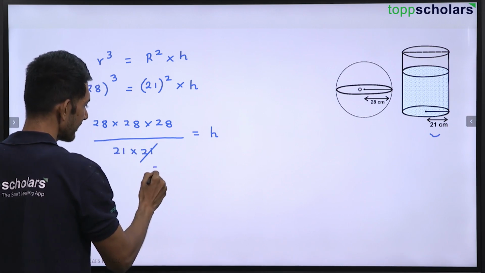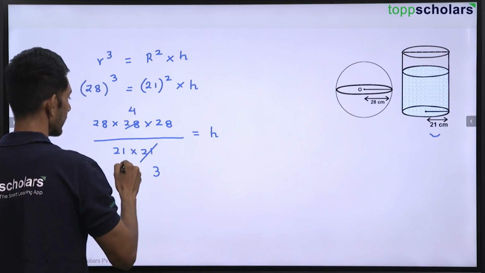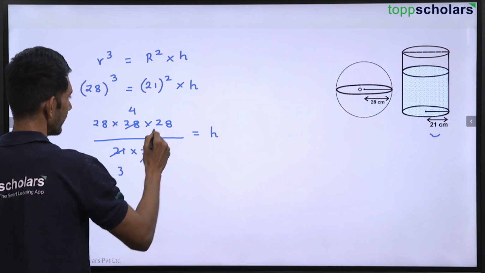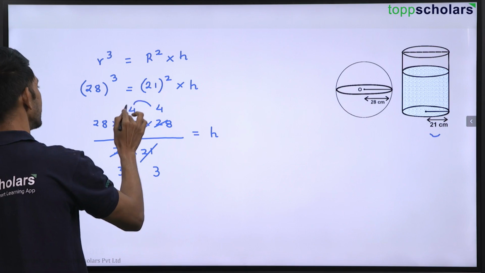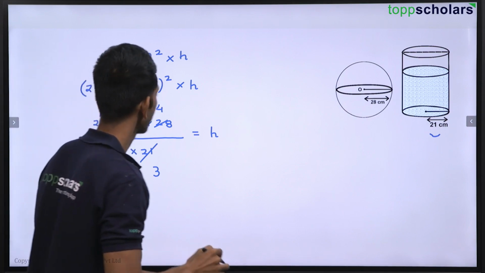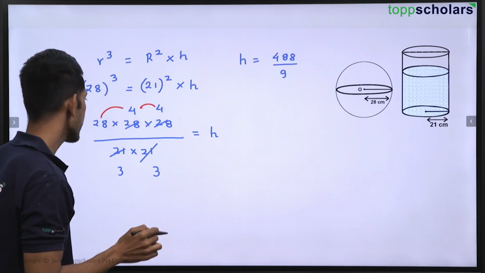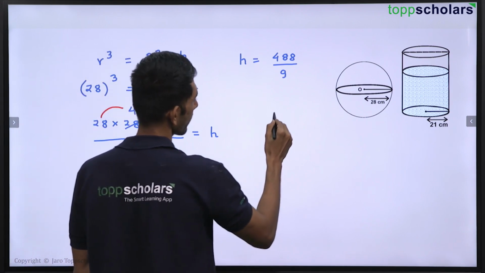So 7 3s are 21, 7 4s are 28, 7 3s are 21, 7 4s are 28. So 4 4s are 16 and 16 into 28.